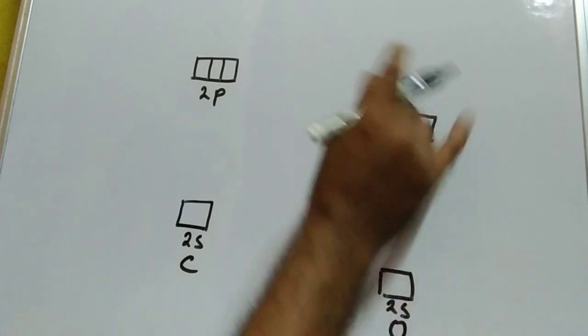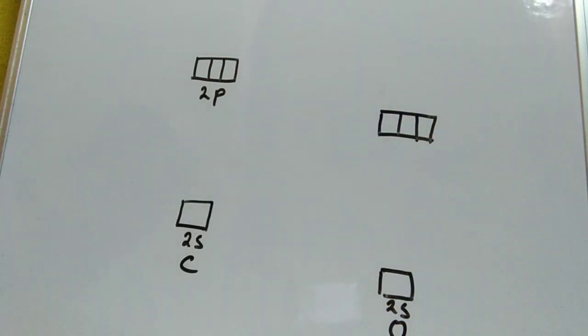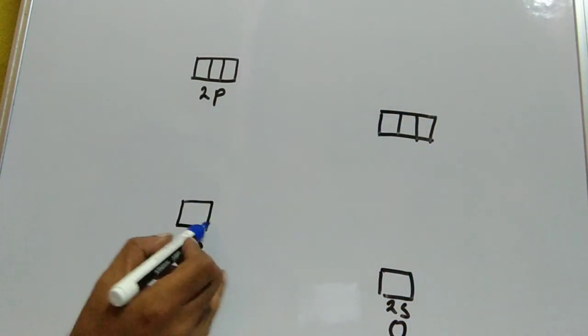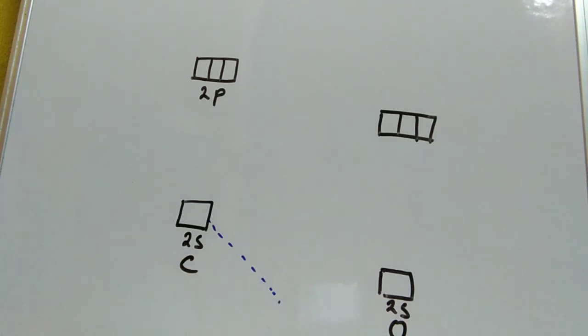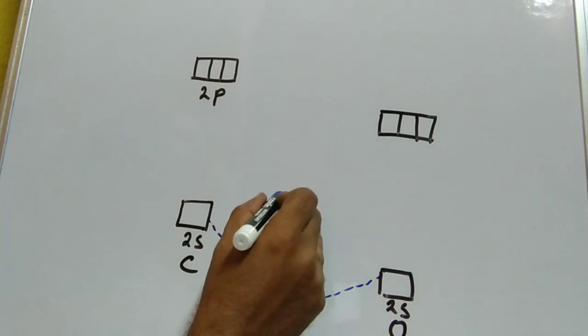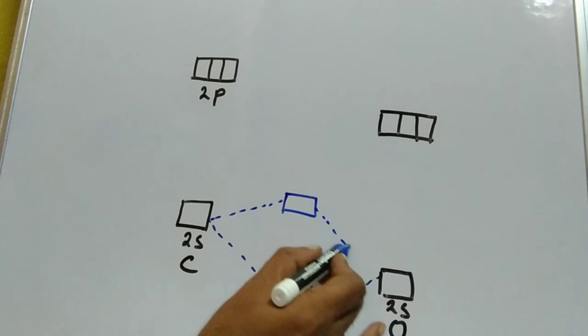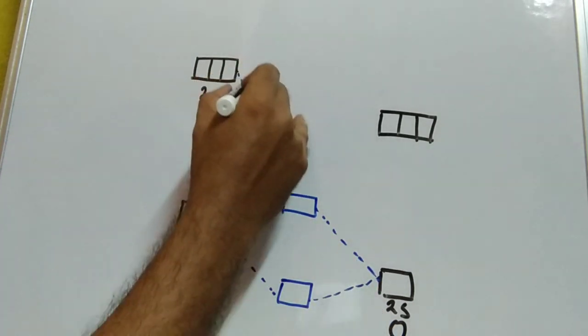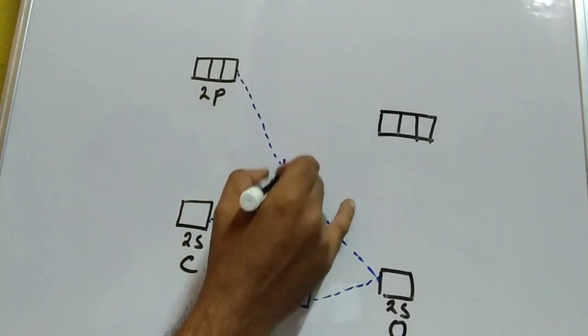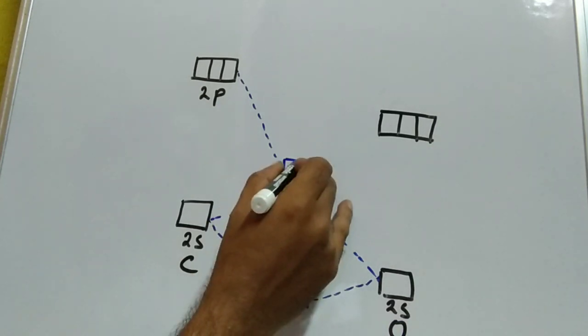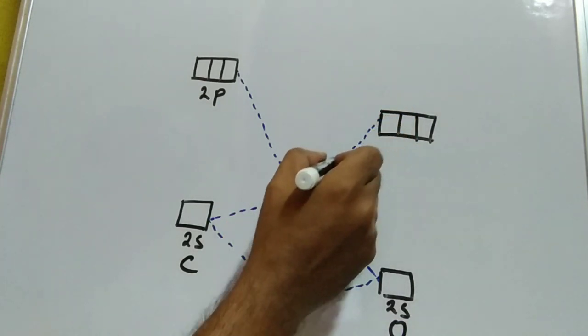This simple MO diagram is not adequate, since if carbon monoxide is ionized to give CO plus by removal of one electron from the sigma 2px orbital, then the bond order should be reduced to 2.5 and the bond length increased.